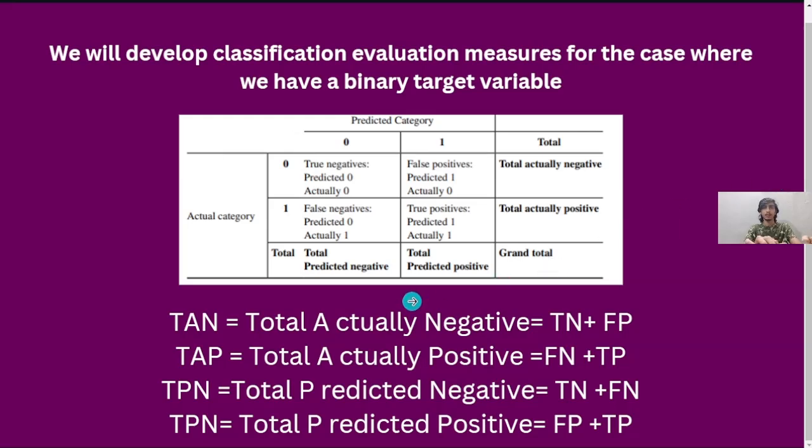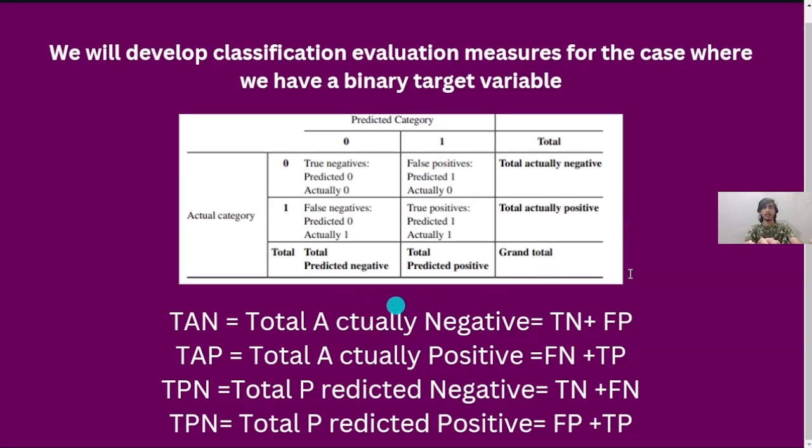We have here the total actual negative, which is true negative plus false positive. Total actual positive equals false negative plus true positive. Total predicted negative equals true negative plus false negative, and total predicted positive equals false positive plus true positive.